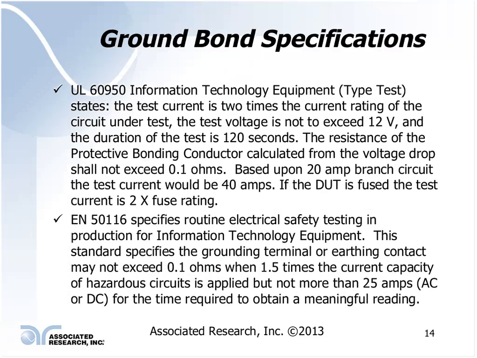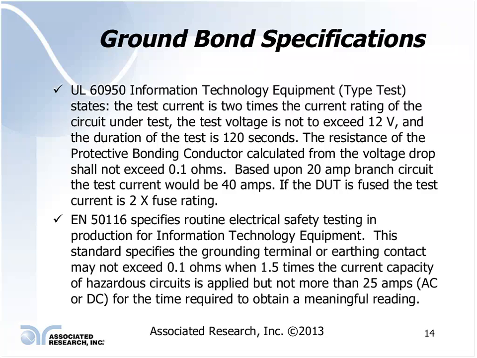As a type test, what is a type test? A type test is a design or a test that is done by the safety agencies when you submit your product to the safety agency for an approval for a safety listing. Okay, so one of the tests that they would perform on the product is this ground bond test.